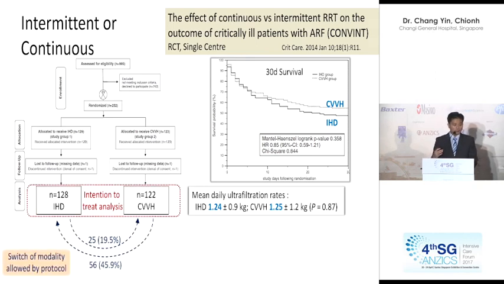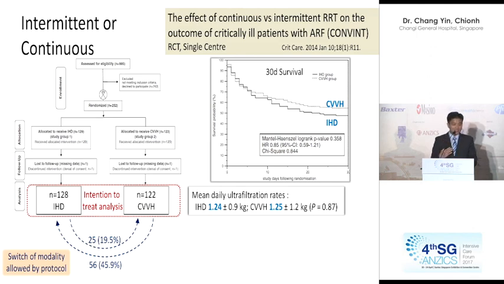But if you look at the protocol, they allowed a switch of modality. About 20% of the patients switched from intermittent hemodialysis to continuous RRT, while half the cohort switched from continuous therapy to intermittent hemodialysis. Most of the switches from continuous to intermittent were because the patients got better and more stable, so the study group switched them over to intermittent hemodialysis.